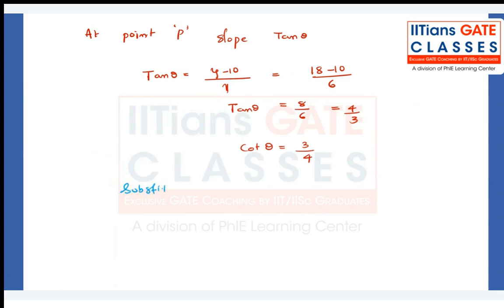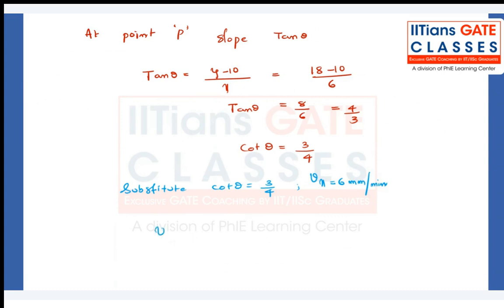So cot theta is 3 by 4 and x equal to 6, vx equal to 6 mm per minute, right?